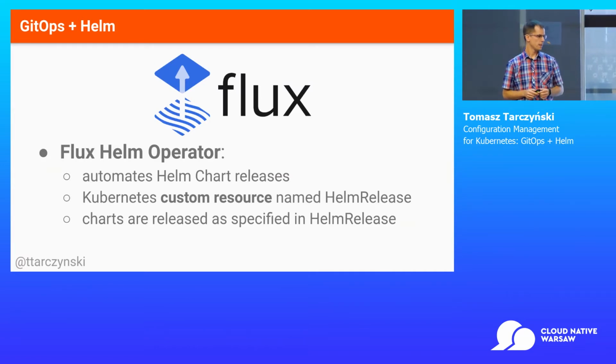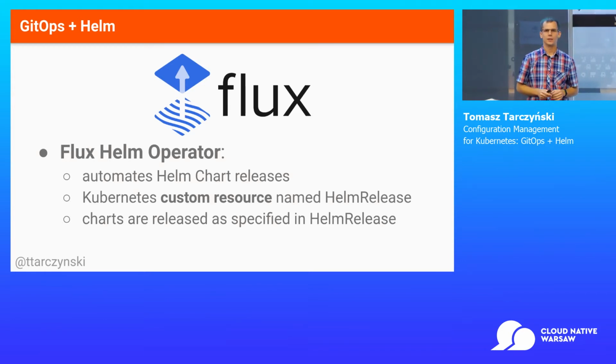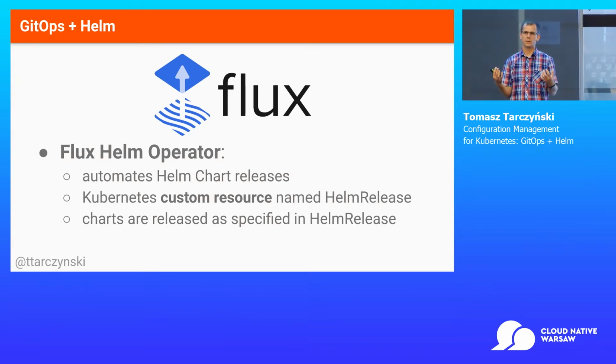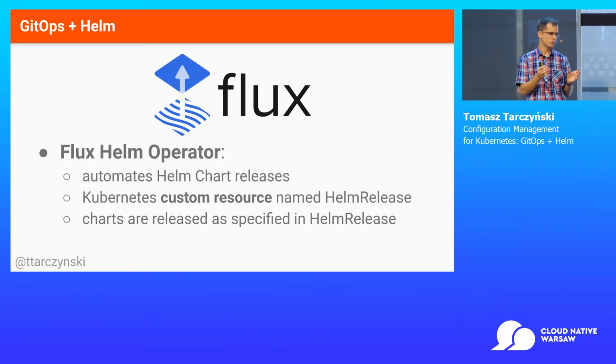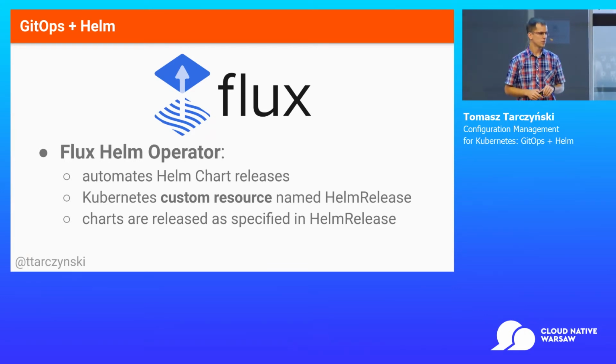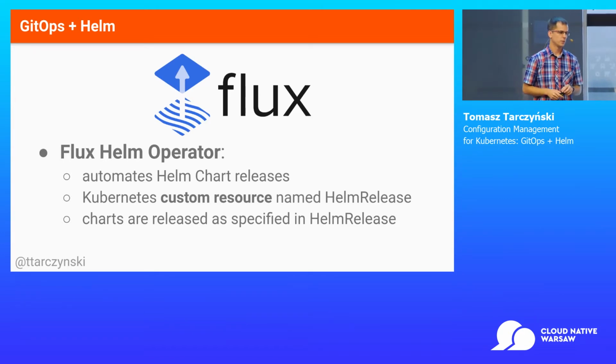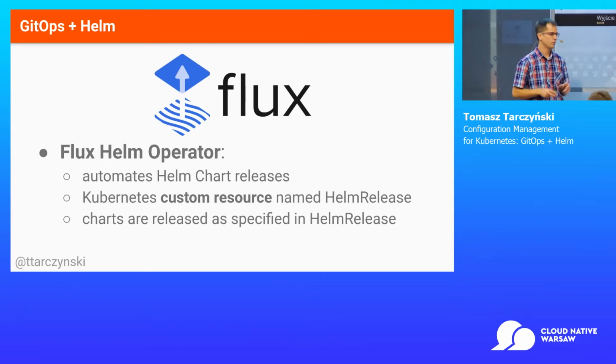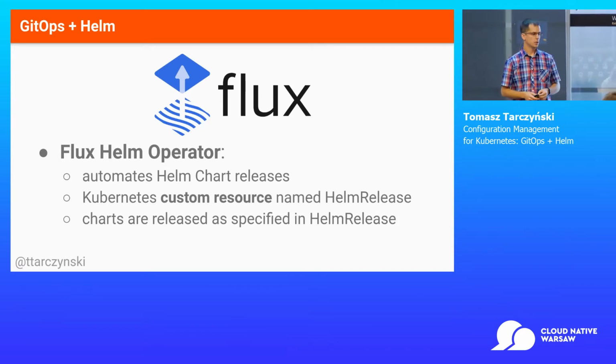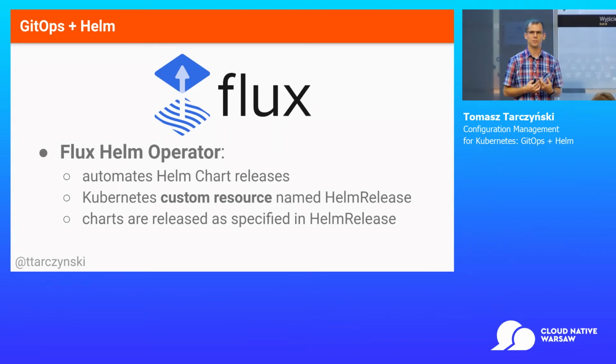And now another idea, this third part, is how can we join those two ideas together. So I've got my Flux daemon in the cluster, and I've got Helm to package configuration. How can I use those two together? There is another part of the Flux project, and it's called Flux Helm operator. And the idea here is also quite simple.